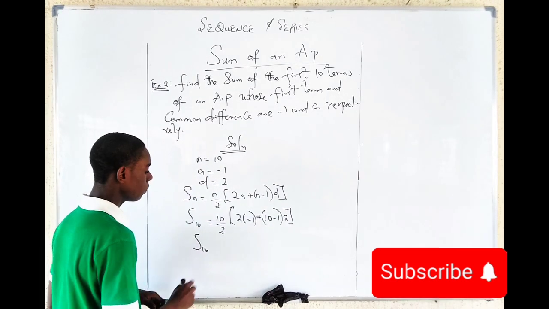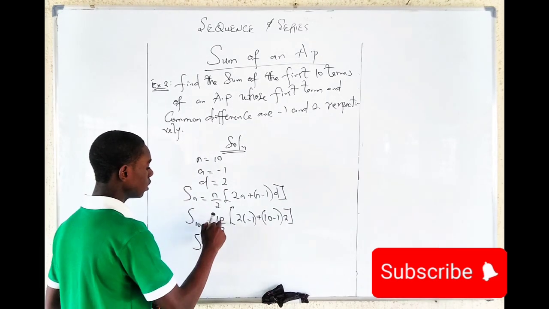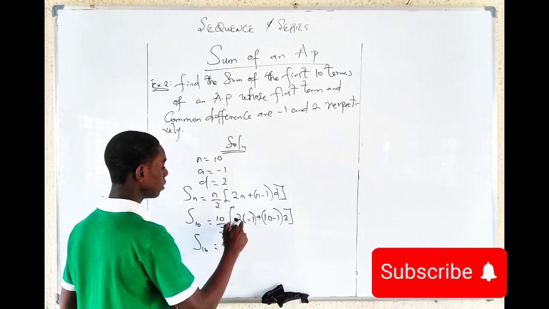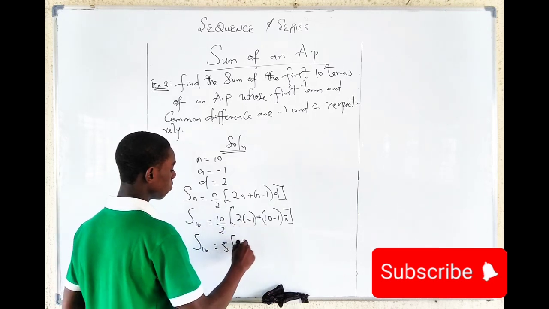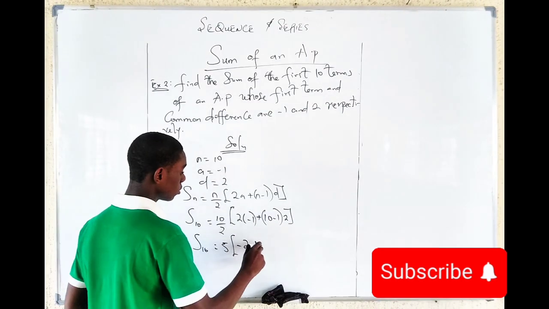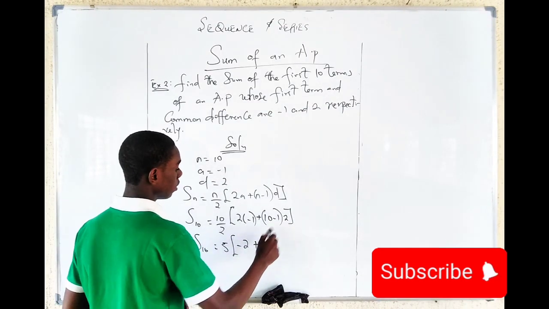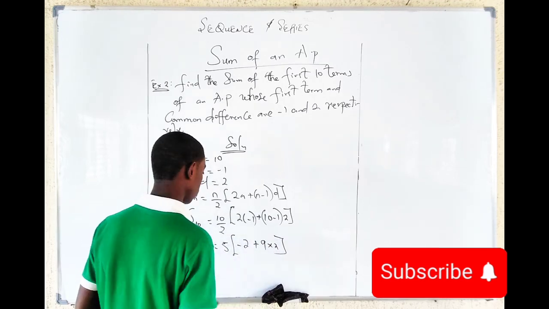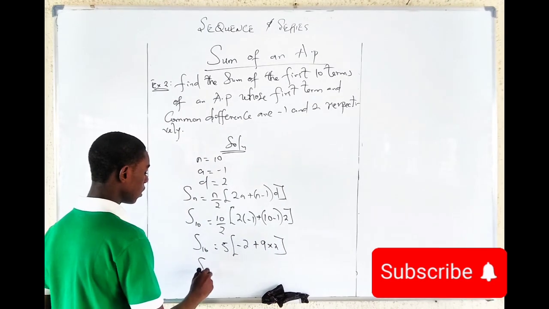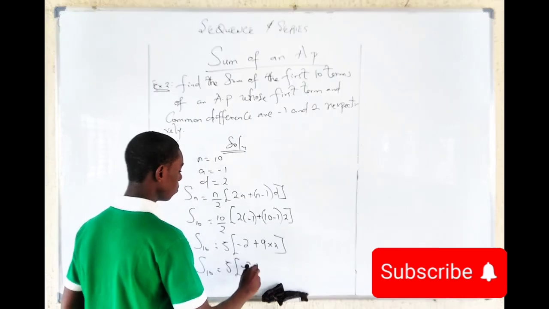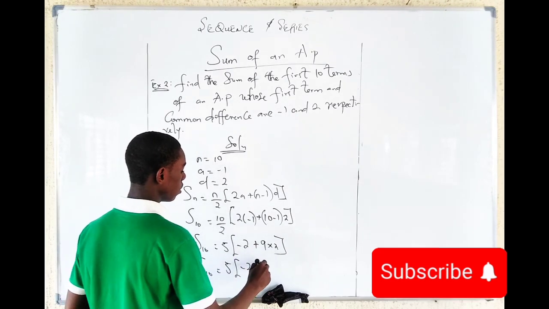So the sum of the first 10 terms will be equal to 10 divided by 2, which is 5, multiplied by minus 1 times 2, which is minus 2, plus 10 minus 1, which is 9, times 2. So S of 10 will be equal to 5 into minus 2 plus 9 times 2, which is 18.